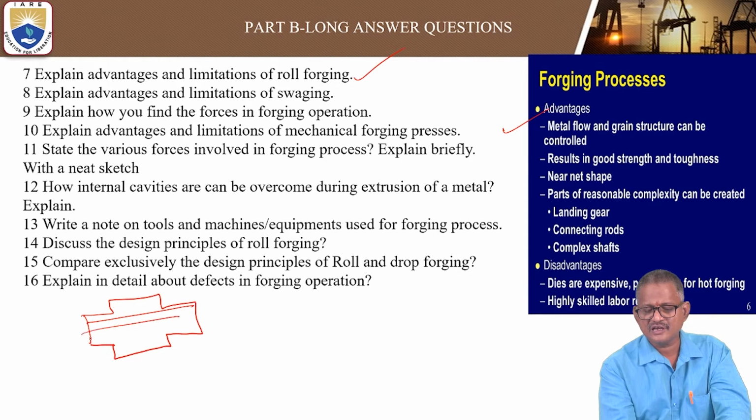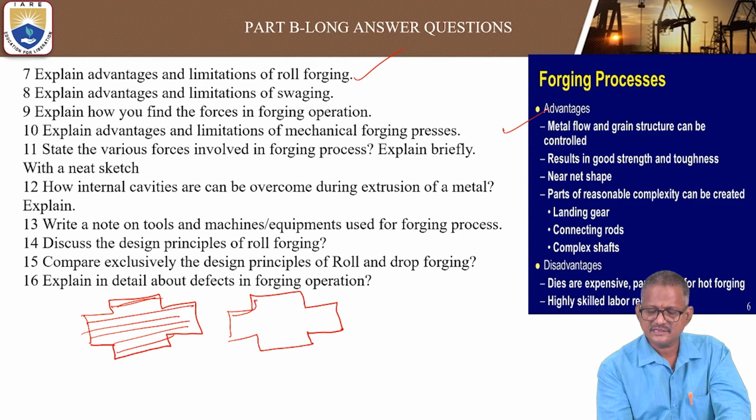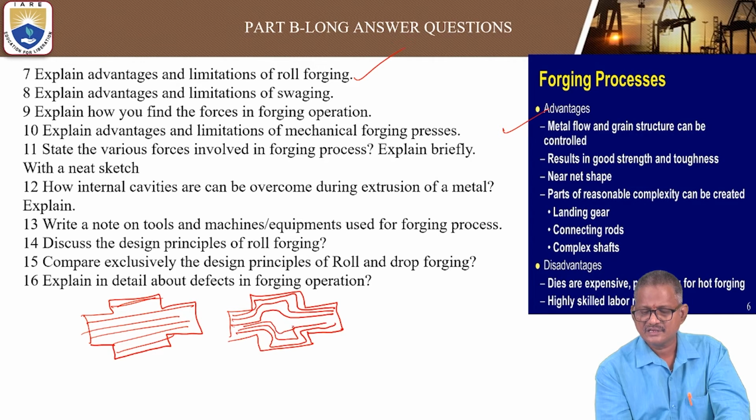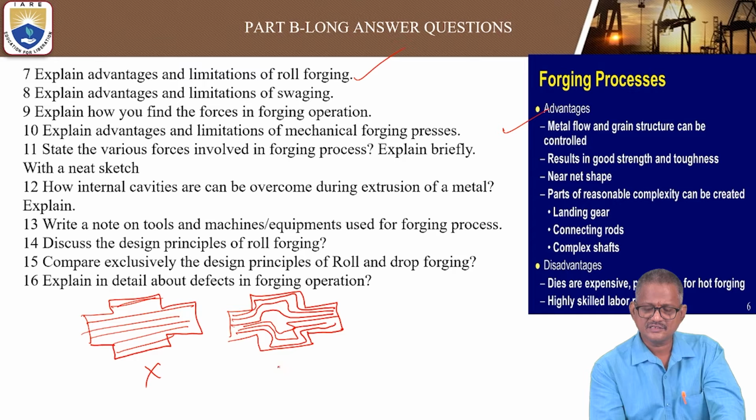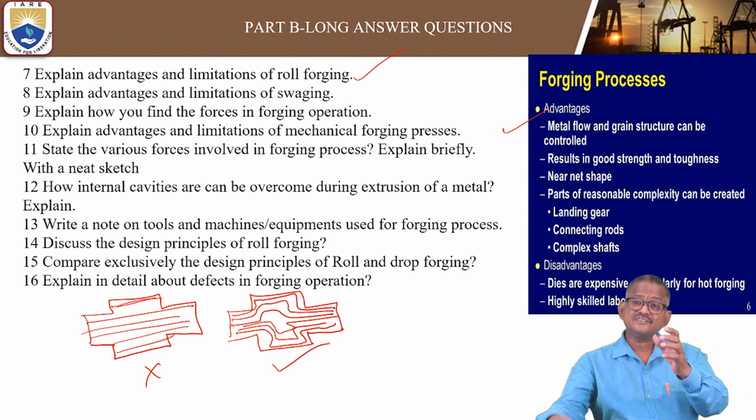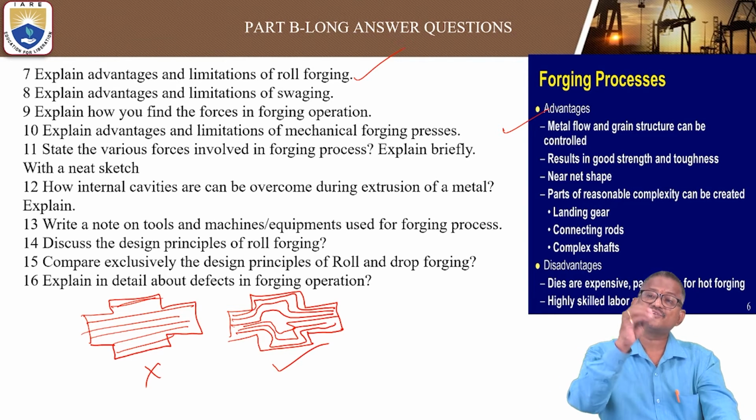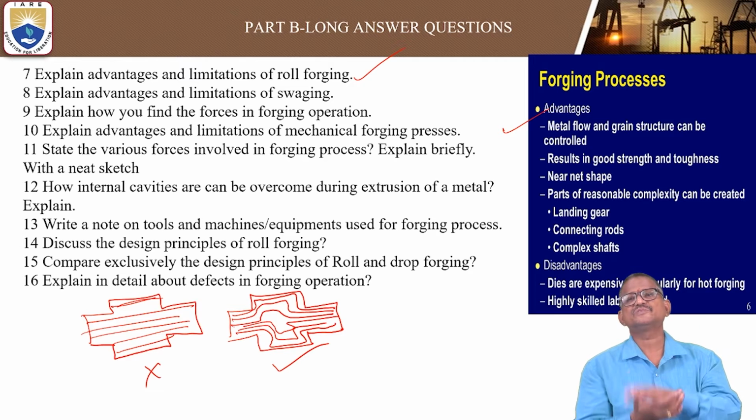You should not draw parallel lines. For a forging operation you need to draw the flow clearly like this, following the sharp corners as well. This is the effective grain flow structure. So this is wrong, this is right. Wherever needed, draw some line diagrams so that you may score good marks.